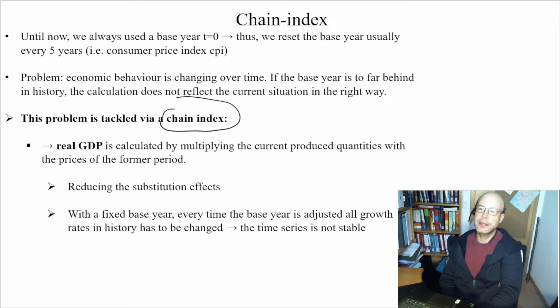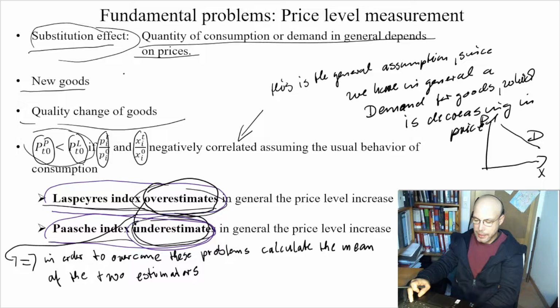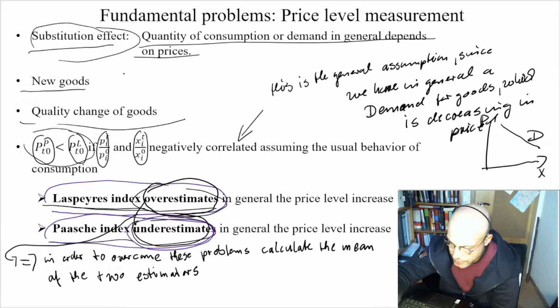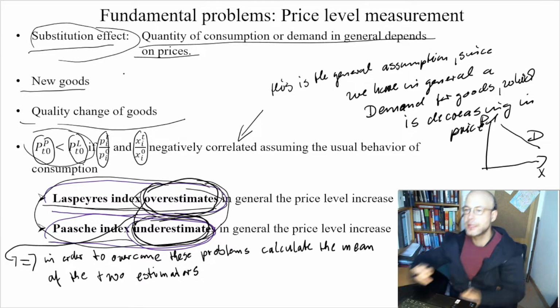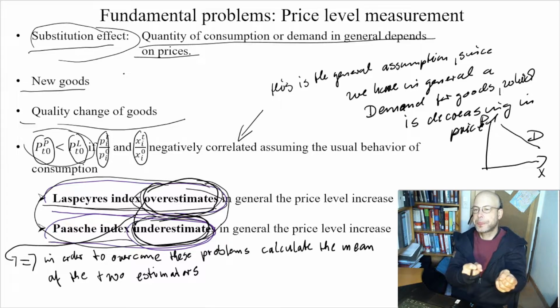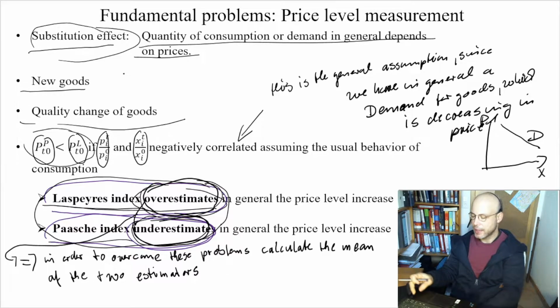And this then means that we reduce the problems we had with the Laspeyres and the Paasche index, because the overestimation and the underestimation just comes more or less from our behavior, that if prices of goods are changing, then we start to substitute our consumption from one good to the other.